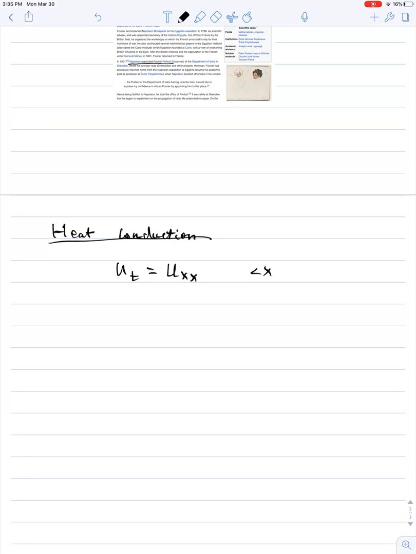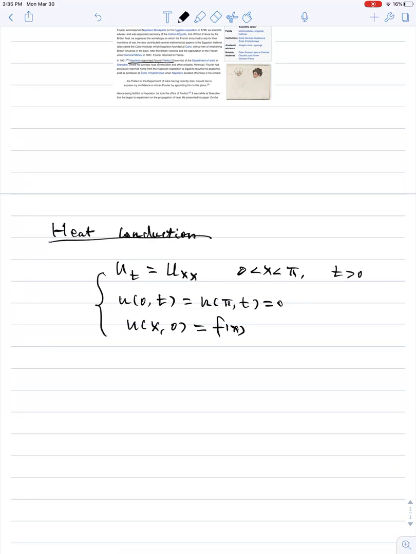We assume that x is from 0 to pi and t is positive. The boundary condition is u(0,t) and u(pi,t) equal to 0, and the initial condition, when t equals 0, is f(x). So that is a heat equation with this boundary value and initial value condition.